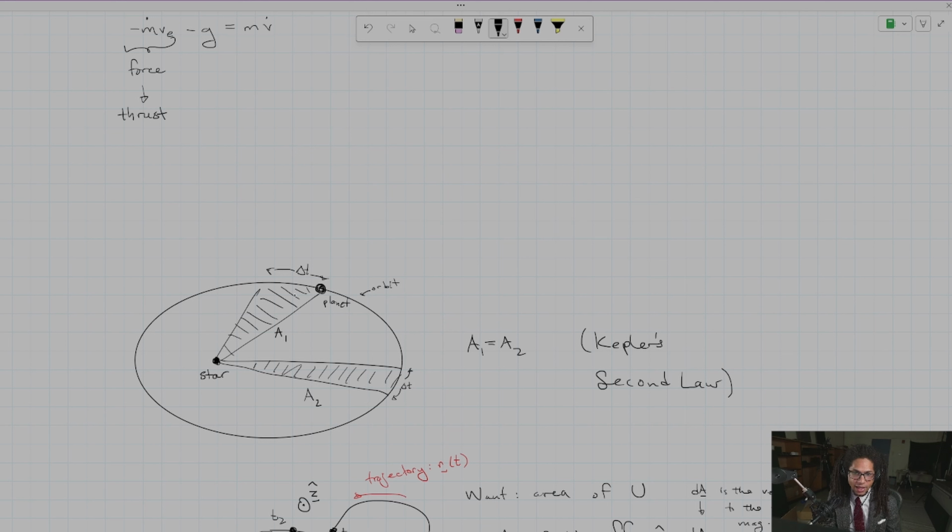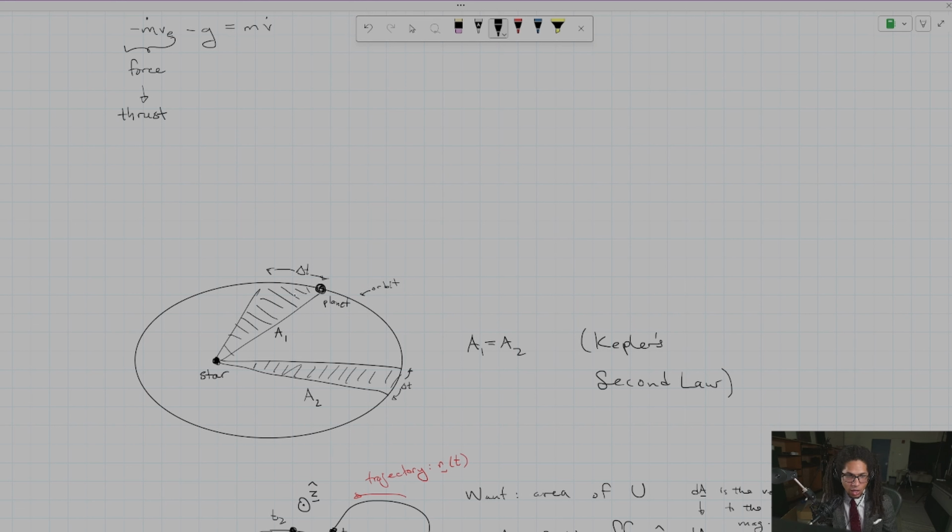But we're looking at the region swept out by the line between the planet and the star. And we know that the star is pulling the planet toward itself. Therefore, there isn't any torque in this case. That's just because, if we take the star to be at the origin, the force vector points from the planet to the origin. In other words, it's collinear with r. So no torques implies angular momentum is conserved.